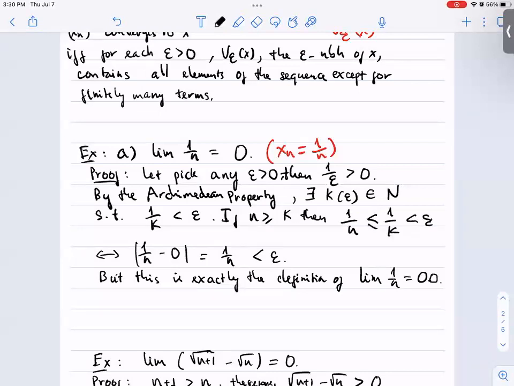That is, the absolute value of 1 over n minus 0, which equals 1 over n, is smaller than epsilon. But this is exactly the definition of the limit of 1 over n equal to 0.